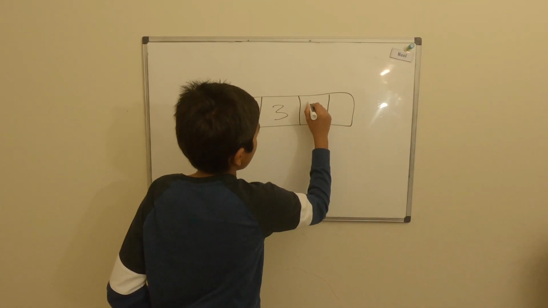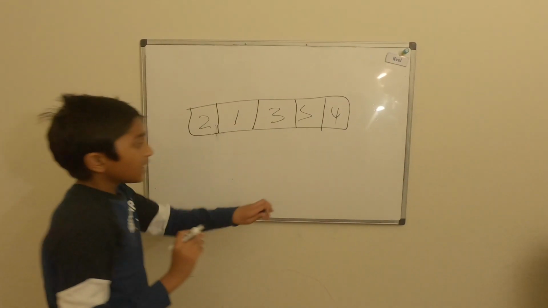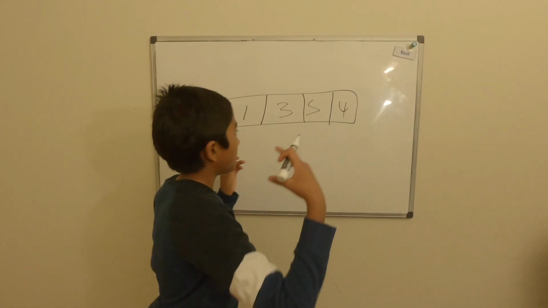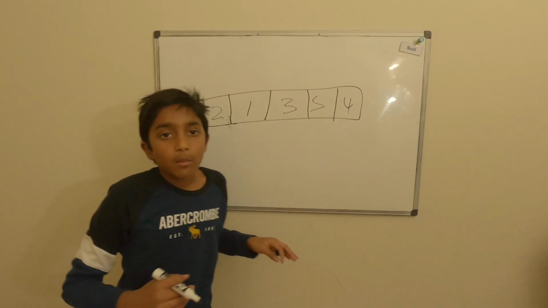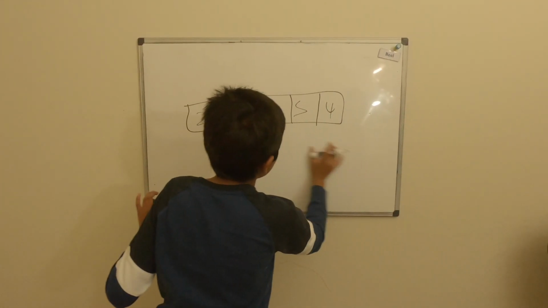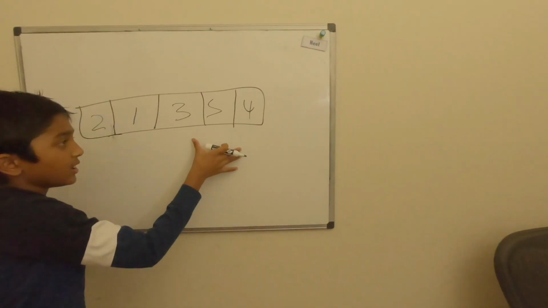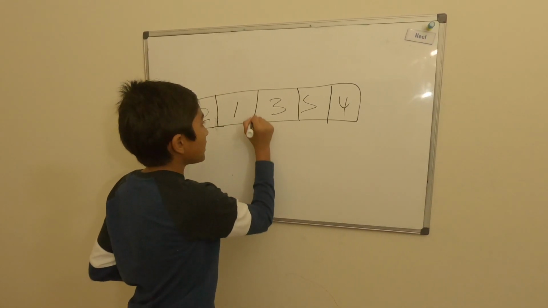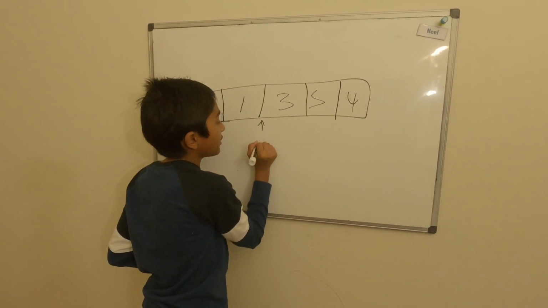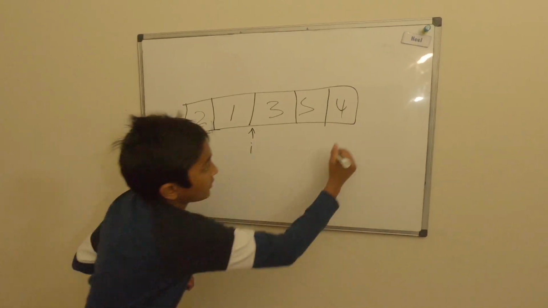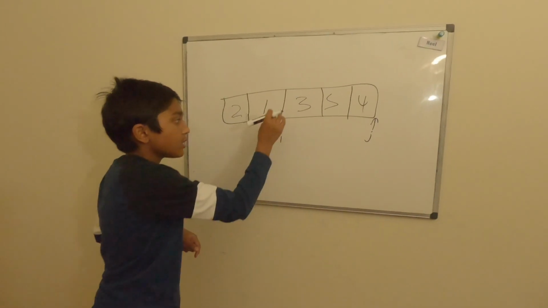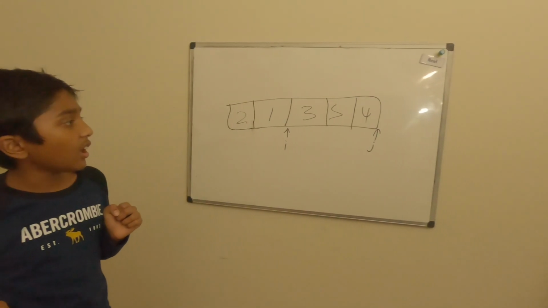So let's say it turns out like this. You can check that yourself if you want to go through the whole thing, but just to speed things up, let's say this is what we end up with. This is the boundary line where I is. This is J, so we know that it's finished. So this is where the pivot needs to go.